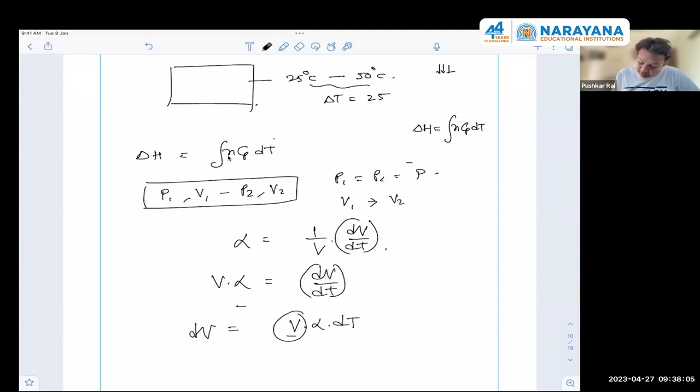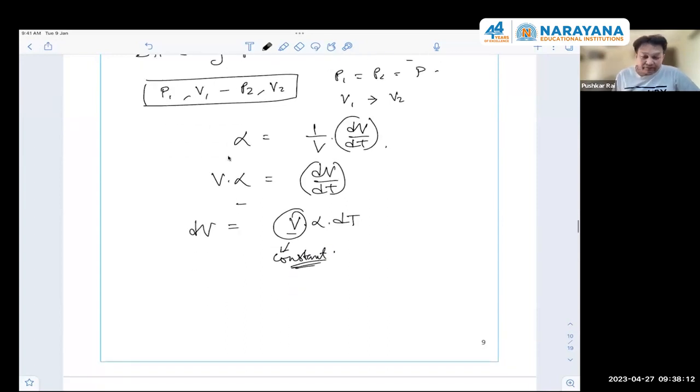And this V is practically constant, so we can get the value of dV. dV is equal to V times alpha into dT. What is the change in temperature? 25 degrees centigrade into alpha into V will give you delta V. You already know V1, and from this you can calculate V2.